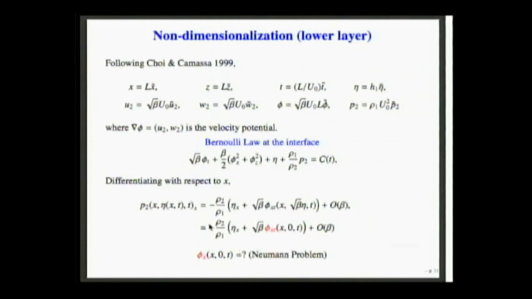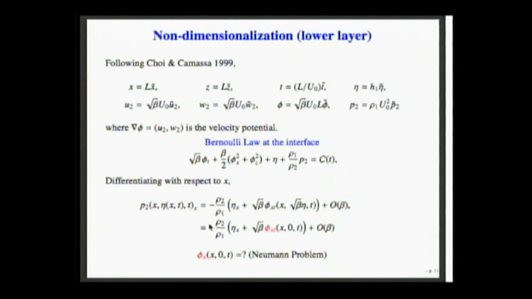So we followed Choi and Camassa. We did another non-dimensionalization, different from the previous one, but consistent in the variables that both layers share. And we introduce a potential velocity, because the scale of the velocity components here is the same.